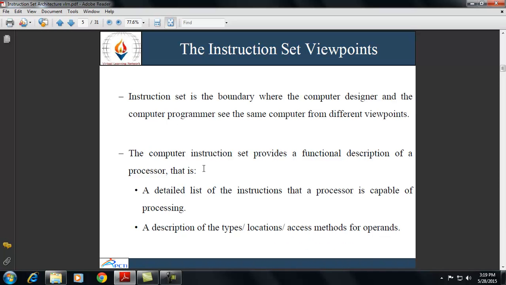The computer instruction set provides a functional description of the processor, that is the detailed list of instructions that a processor is capable of processing, or you can say the list of instructions that the processor can process, and the description of the types, location and access methods for the operands.